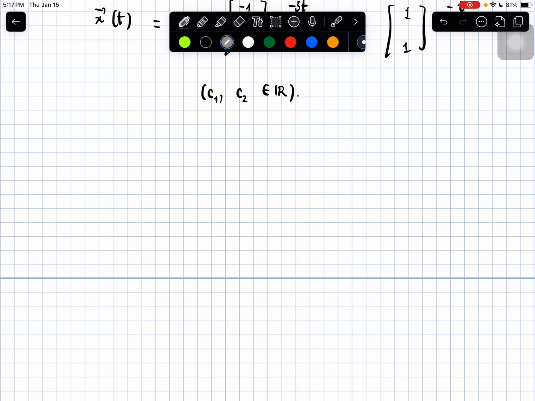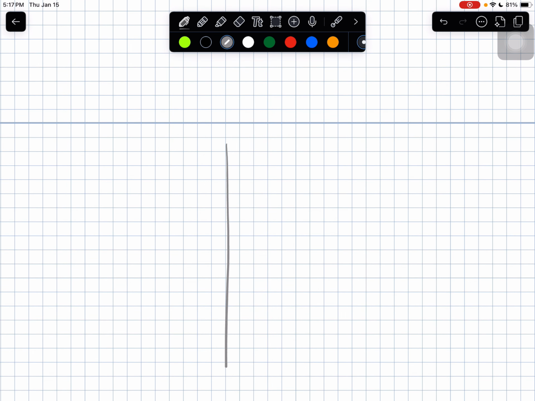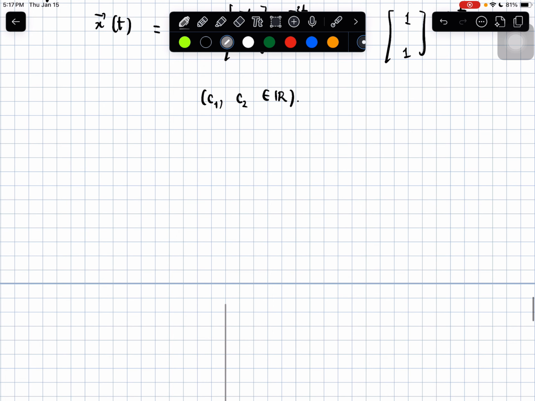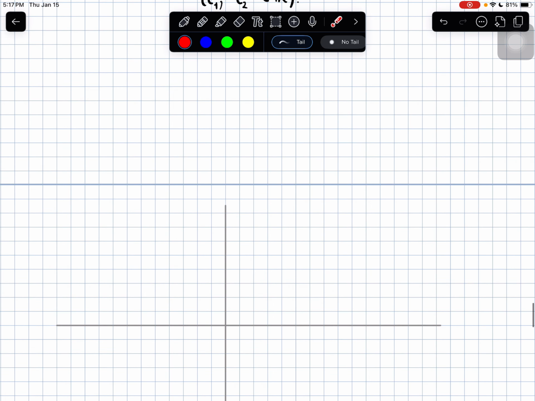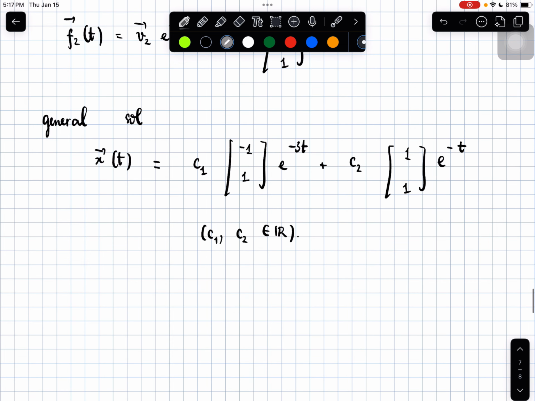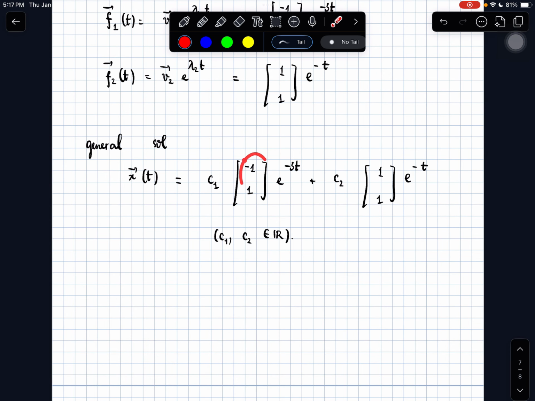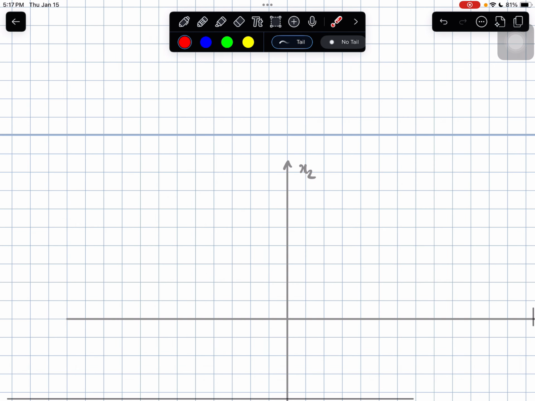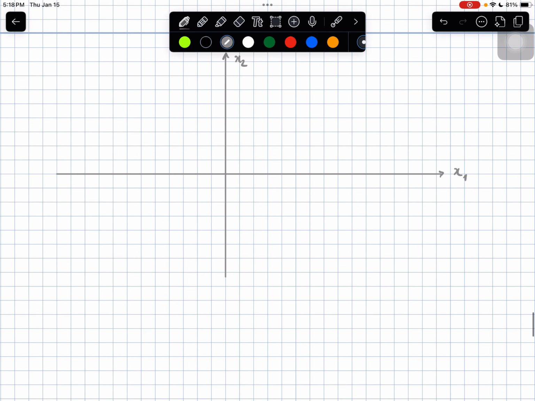So we have two axes corresponding to the two components of the vector x(t), x1 and x2. We have two eigenvectors, minus 1, 1 and 1, 1.